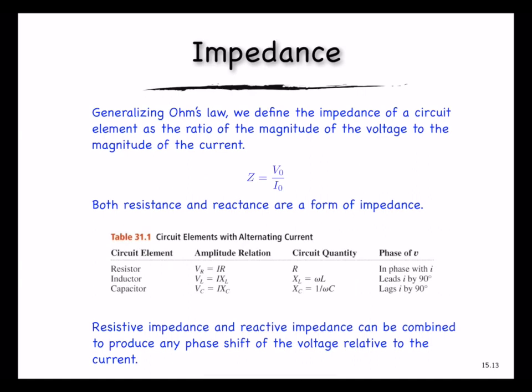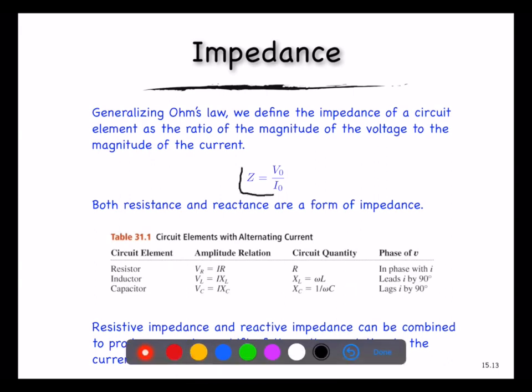So we can generalize this idea of resistance and reactance being the ratio of two voltages, and we'll call the impedance the ratio of the maximum voltage to the maximum current. And we can use that to represent resistances. So if we have a resistor, we know that V equals IR, and so the impedance is R. If we have an inductor, we know that the relationship looks like Ohm's law, but it's V equals IX, where X is the reactance, omega L that we just saw.